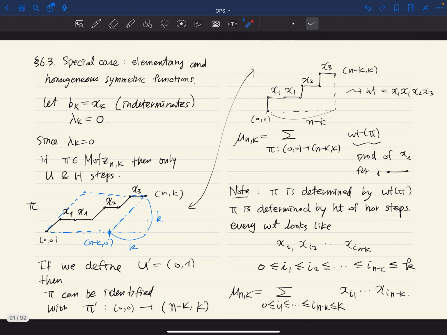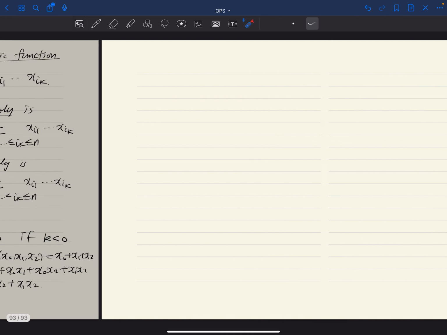If you look at this, it looks exactly like this homogeneous symmetric polynomial, right? There are n minus k variables to select, and this is the range for the variable, so x0 up to xk. So theorem is a summary, more or less.